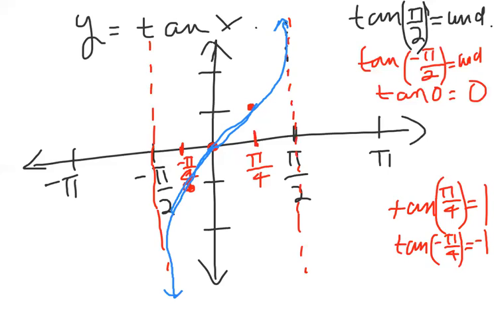Now, let's go ahead and make the comparison between tangent and cotangent. Let's say we just have another basic function. This time it's going to be y equals cotangent of x. When we're graphing the cotangent function, you have to be very careful, because remember, this is cotangent, this is not tangent.